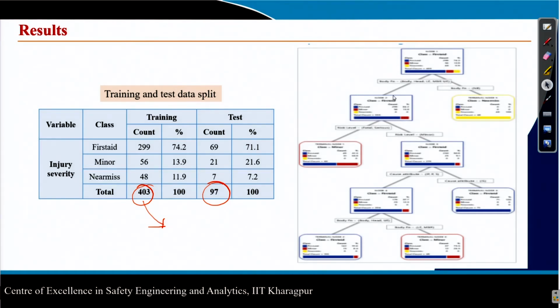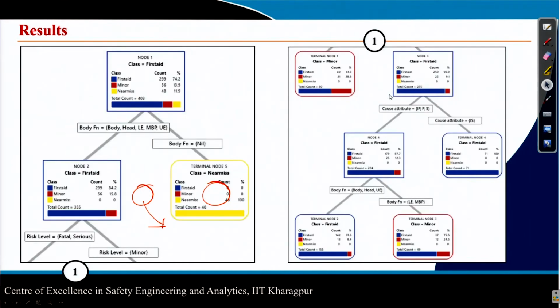This is the total development, but it is not visible. So I am going to the next one. Here we consider the 403 training data set, that is the first node, root node, and here first aid, minor, near miss is there. Using an impurity measure, you can find out the impurity here, either entropy, Gini, or misclassification error.